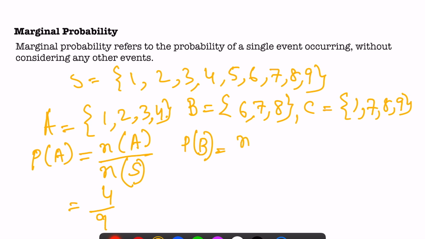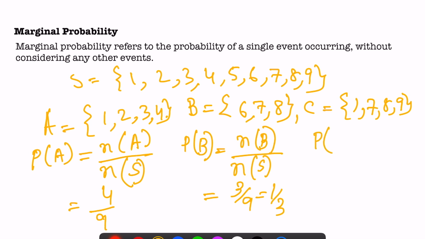It's the number of outcomes in event B divided by the number of outcomes in the sample space, which is 3 out of 9, that is 1 out of 3. Similarly, what is the probability of event C? It's 4 out of 9.